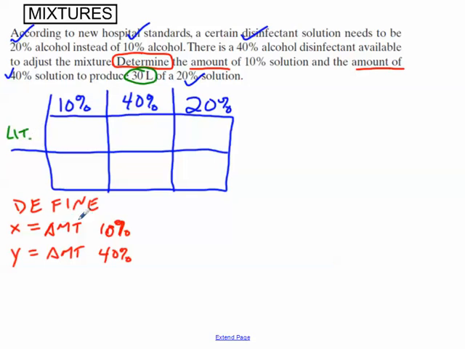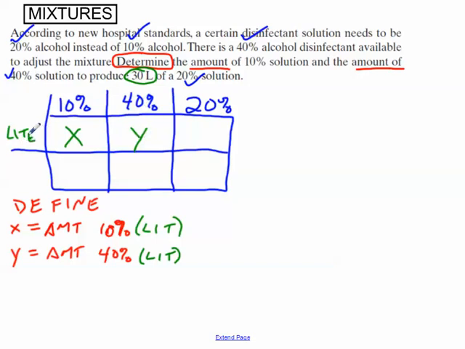We need to know how many liters there are of the 10% solution, and how many liters there are of the 40% solution. So right here, x is the amount of 10% solution, the liters of 10% solution. So x would go right here. By the same token, y, the amount of 40% solution in liters, goes right here.